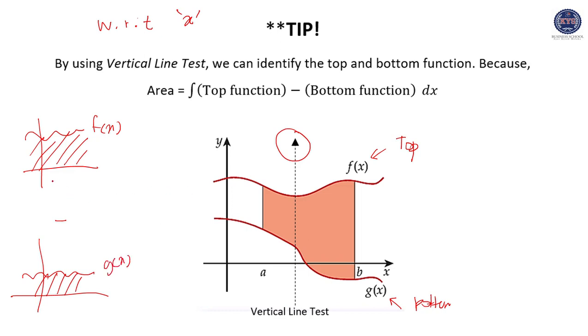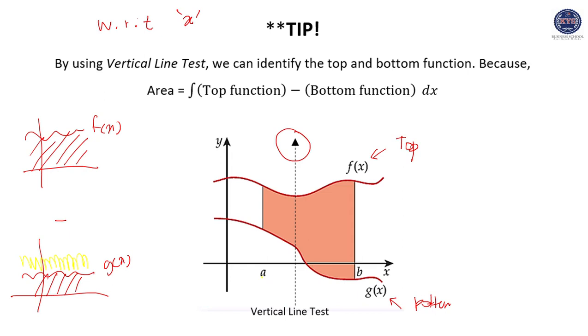So kalau you minus these two, awak akan dapat area between. Meaning the top overlap is the area that we want. Area di tengah ni kita panggil sebagai the remaining area. Sebab tu kita gunakan top minus bottom. Alright, kita gunakan vertical line test for integration with respect to x.